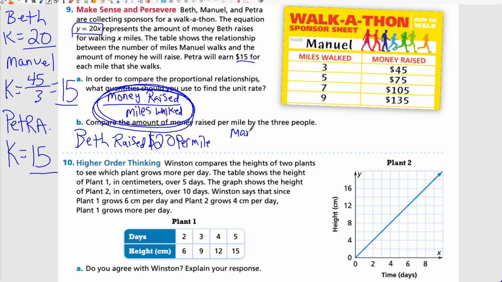Manuel and Petra raised $15 per mile. That's what the K values tell us, okay?